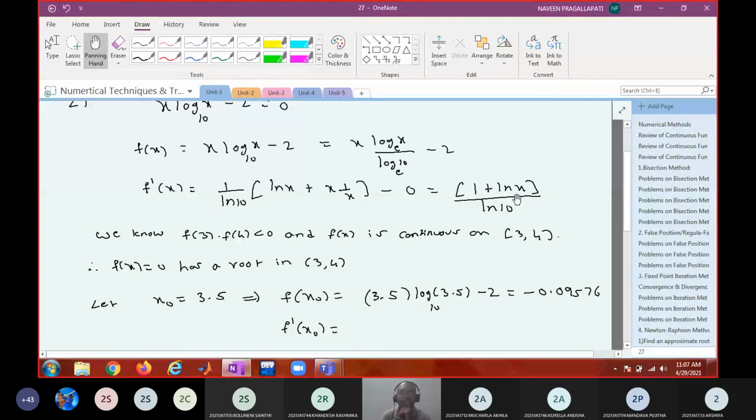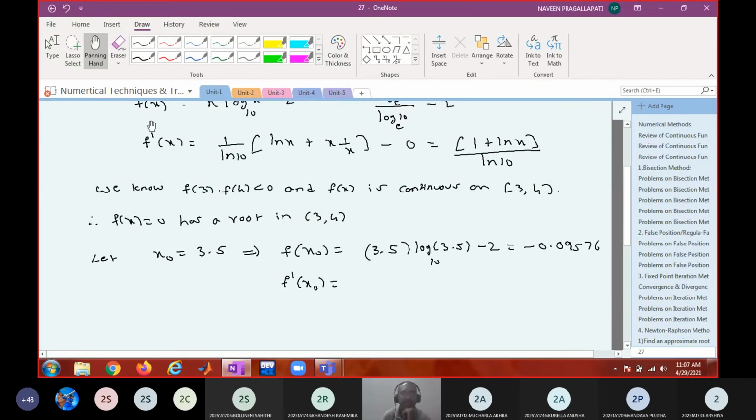Am I clear to all of you? In the derivative you have natural logarithm. Okay, so what is f dash of x naught? 0.97836. Did you use the ln button only? Yes, sir.